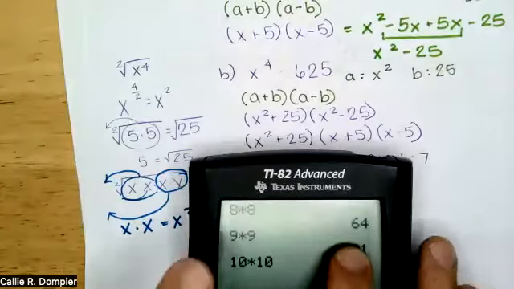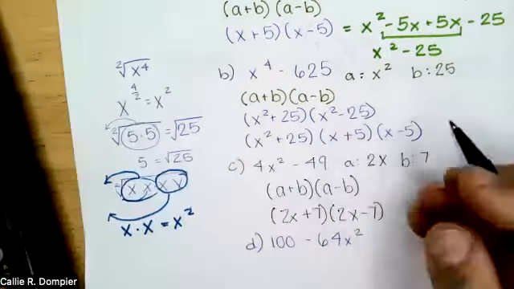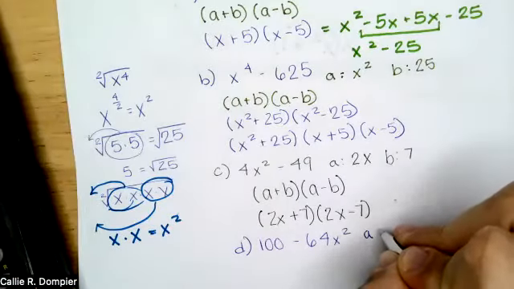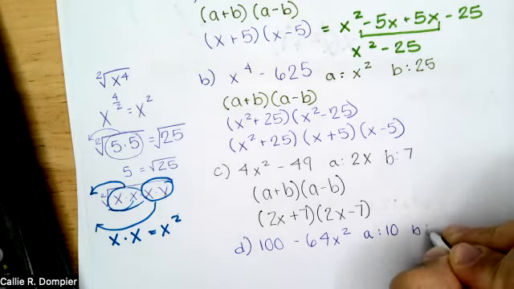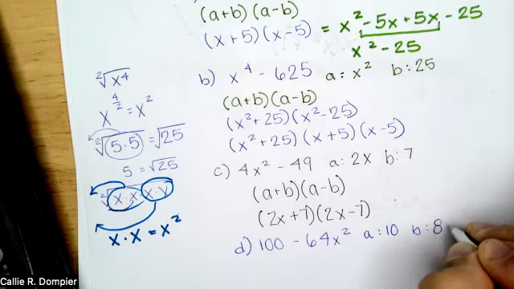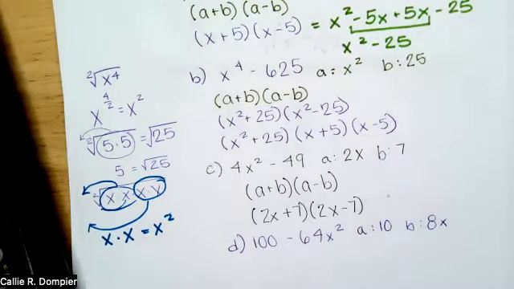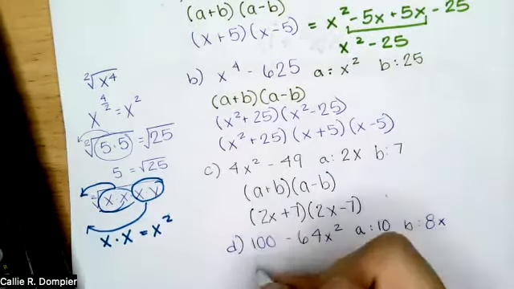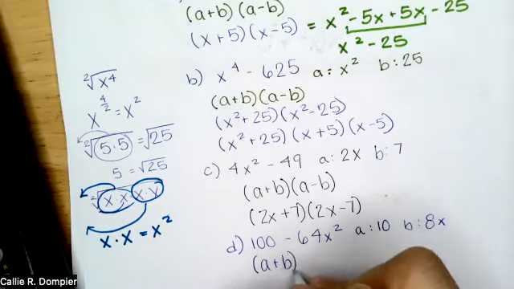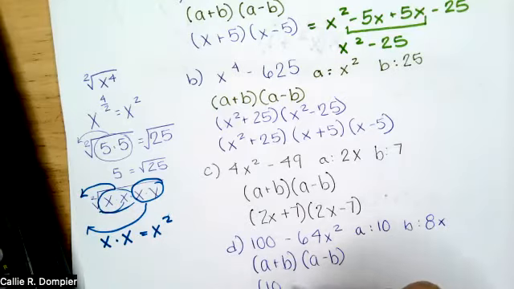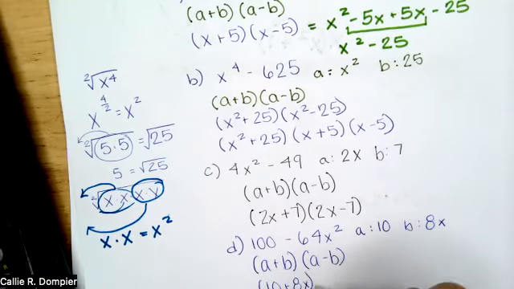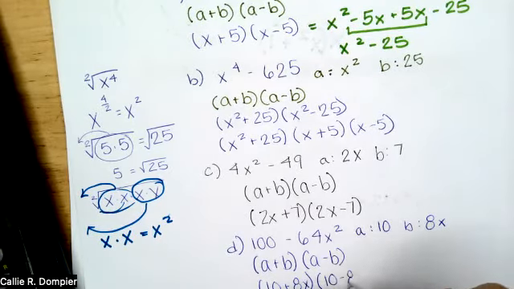The square root of 64 is 8. So a is 10 and b is 8x. Don't forget the x squared becomes an x. Good. We have a plus b times a minus b, which is 10 plus 8x times 10 minus 8x.